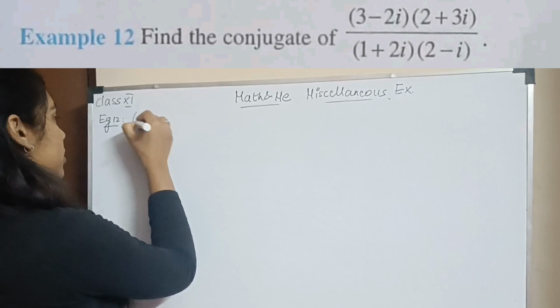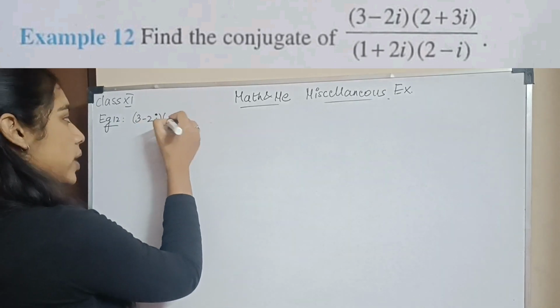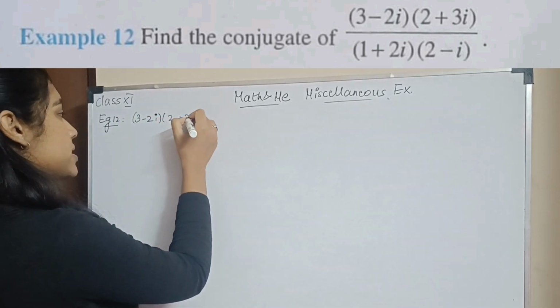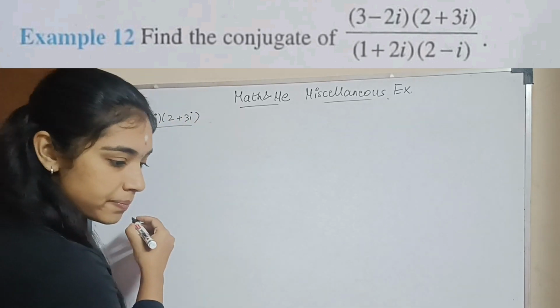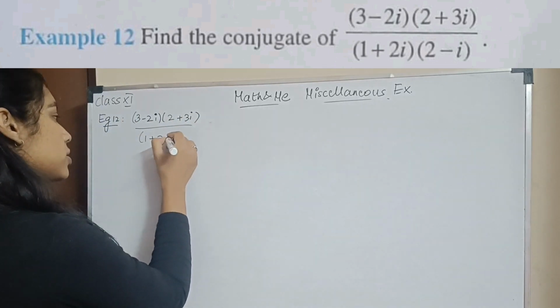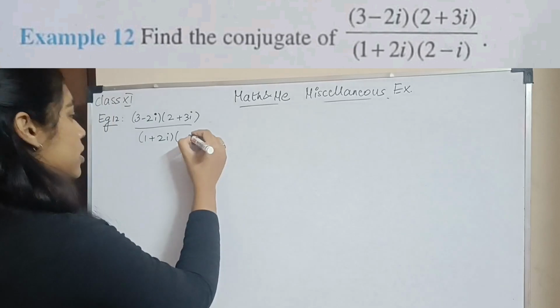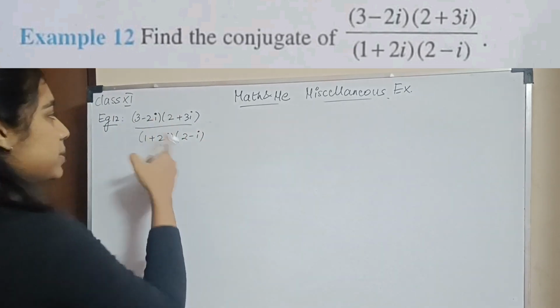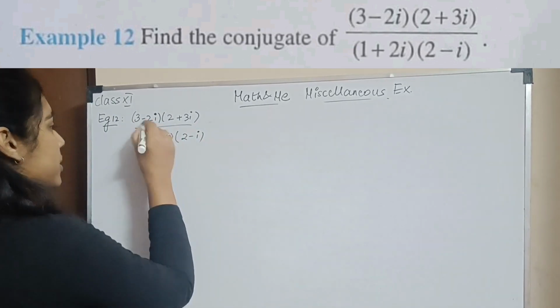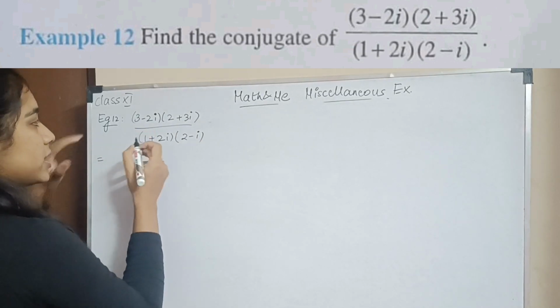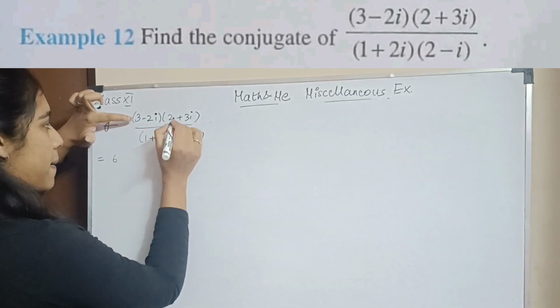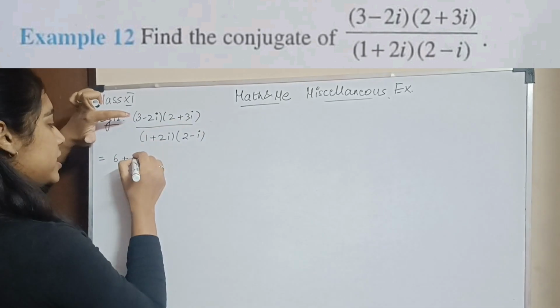Find the conjugate of (3 minus 2i) times (2 plus 3i) divided by (1 plus 2i) times (2 minus i). So, if the multiplication is numerator and denominator, let me find the numerator. I have 3 times 2, 6, plus 3 times 3i, 9i.